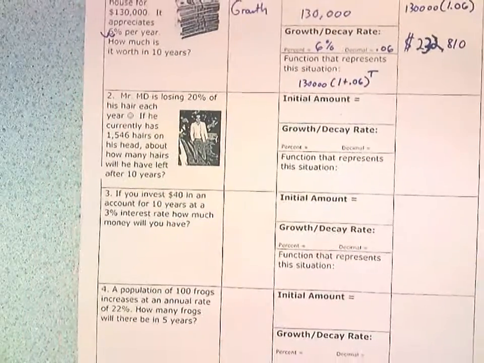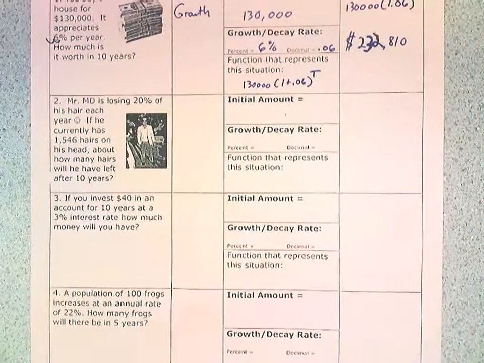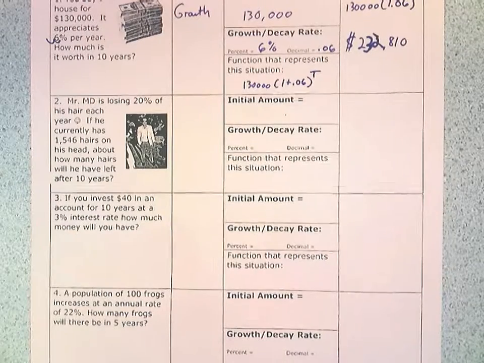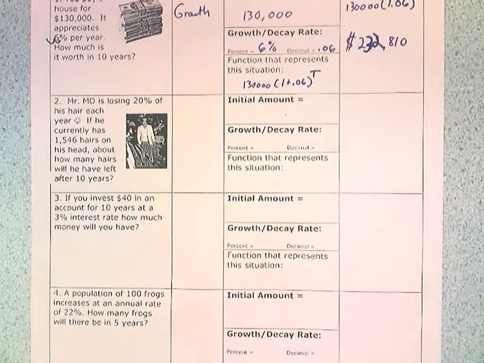Mr. MD is losing 20% of his hair each year. If he currently has 1,546 hairs on his head, about how many hairs will he have left after 10 years? Now, it's kind of sad that he's gotten to the point that he's counting his hairs, but, to each their own, I guess. But he's losing hair. That means it is decaying over time, right?